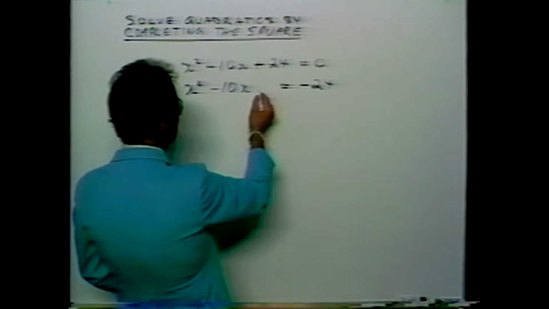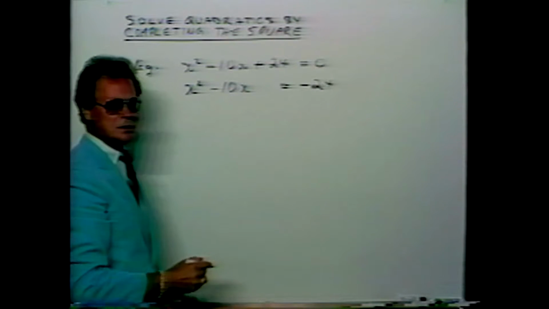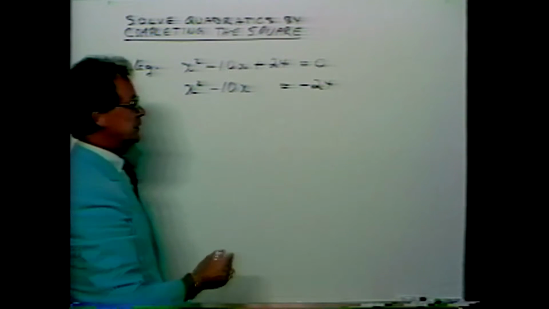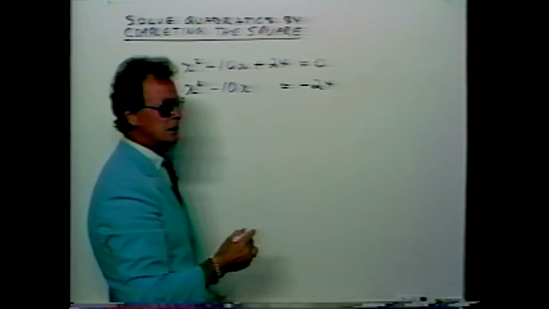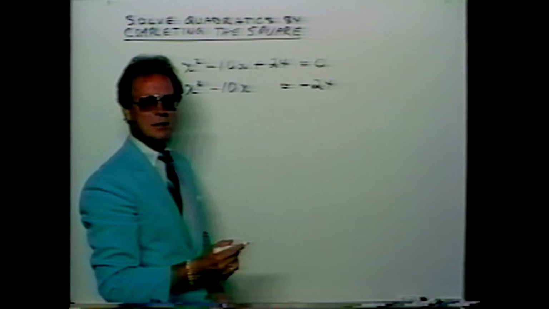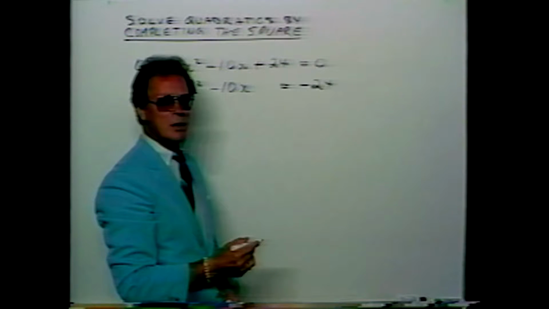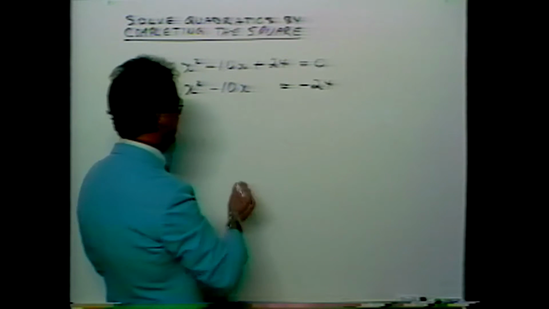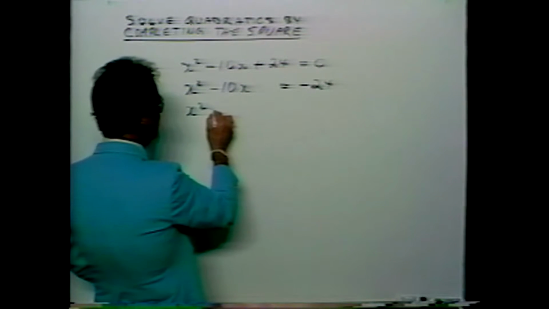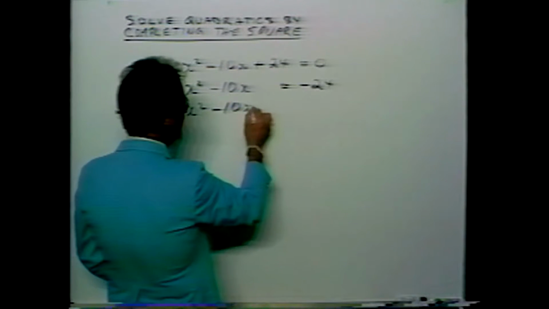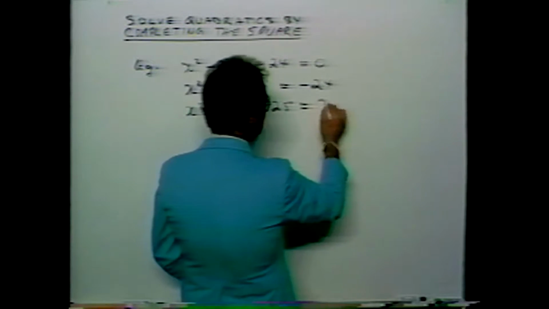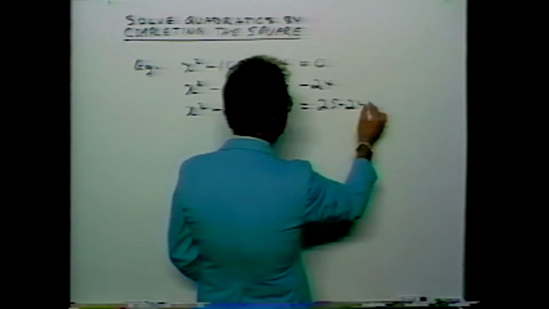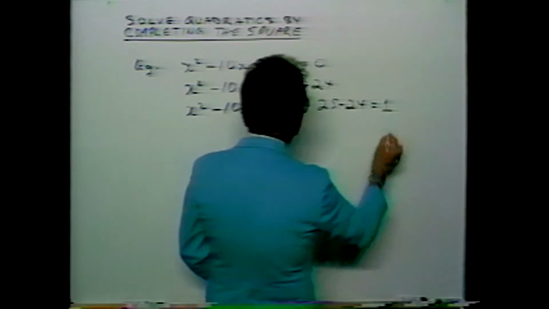Add to the left side an amount which makes the left side a perfect square. Half of minus 10 is minus 5, and minus 5 squared is positive 25. So x squared minus 10x plus 25 is equal to 25 minus 24, which in turn is equal to 1.